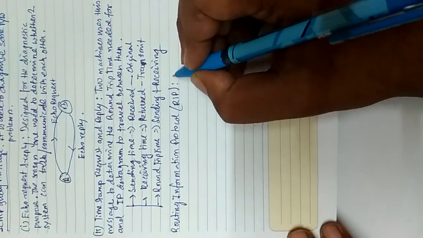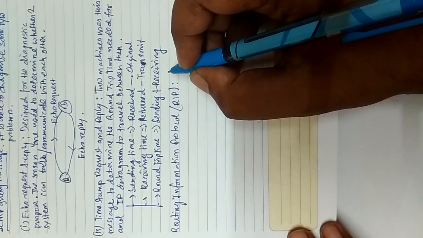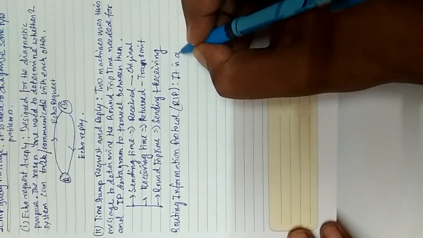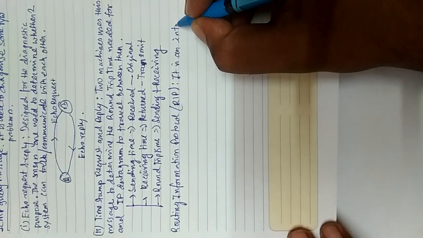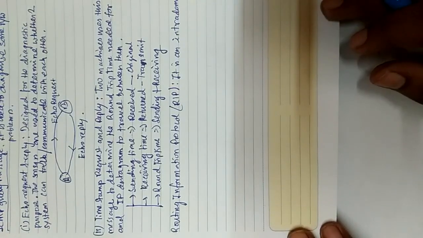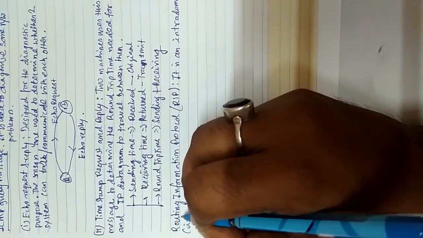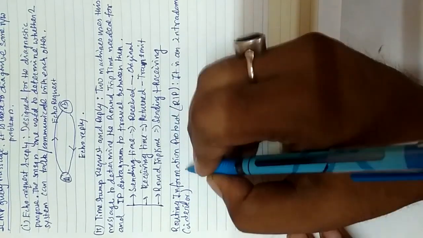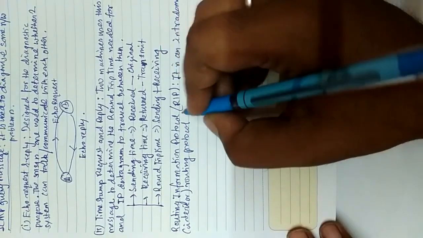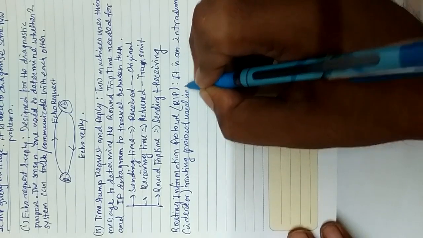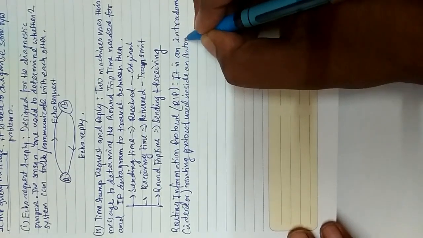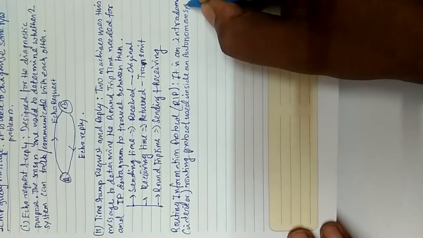What is RIP? It is an intra-domain or interior routing protocol used inside an autonomous system.